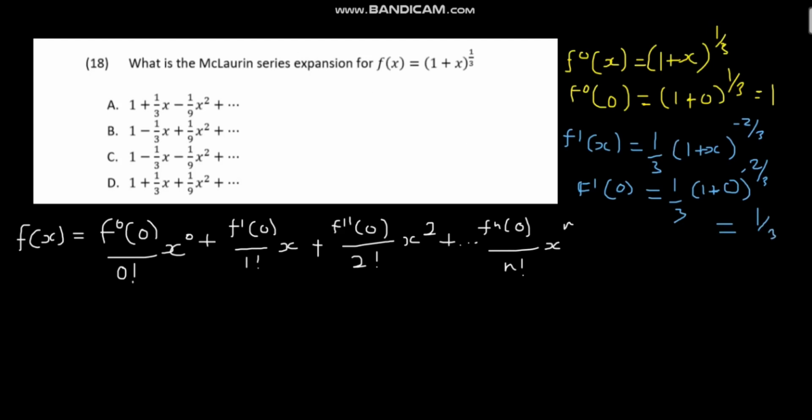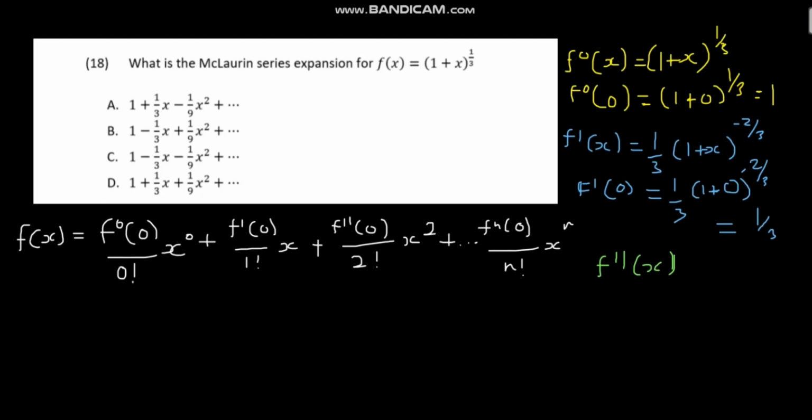Okay, so now let's do the third term also. So we are going to find the second derivative of the function. That will be f double prime of x. When I found the first derivative, we got 1 over 3 in brackets 1 plus x to the power minus 2 over 3.